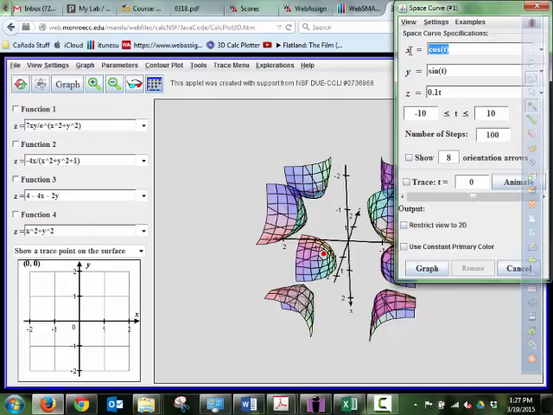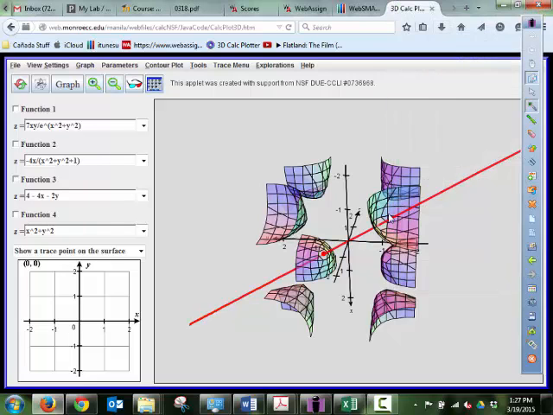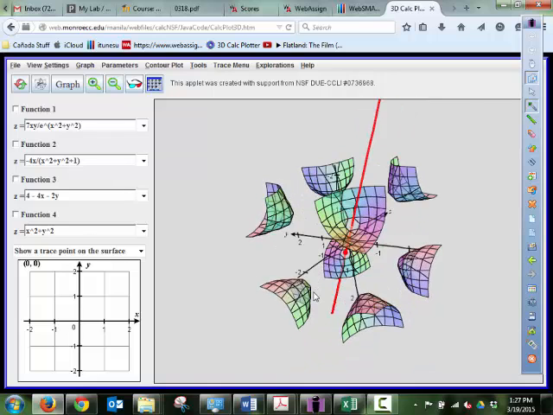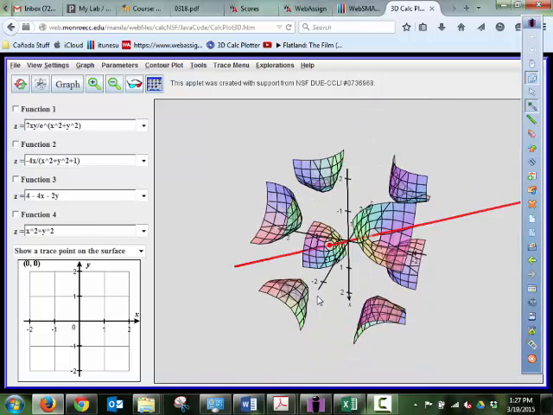So this is going to be 1 minus 2t, 1 minus 2t and 1 minus 2t. Our t can go from whatever to whatever. Negative 10 to 10 sounds fine. And let's go ahead and graph that. And we see, if we use primary colors, you see that that surface got stabbed by that line perpendicularly.